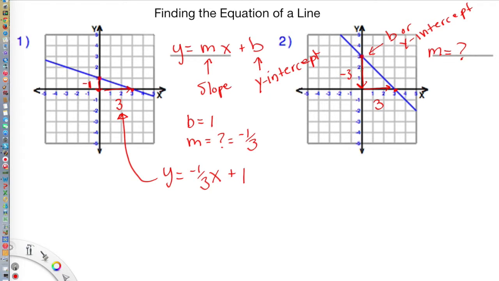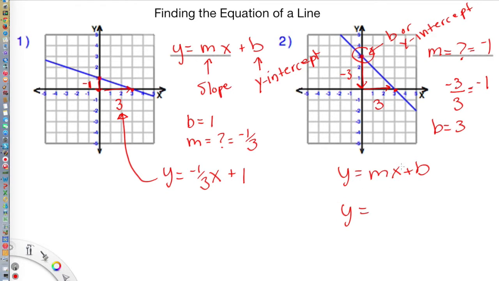Okay, and so my slope is -3 over 3, which I can reduce just to -1. So my m, my slope, is -1. I've got my b, which is 3, and now I can plug it into my y is equal to mx plus b formula.